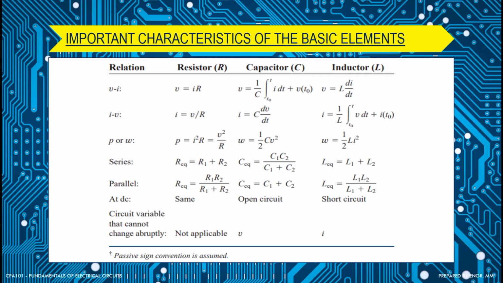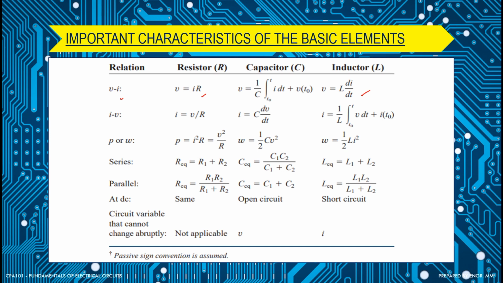We have here important characteristics of the basic elements summarized in this table. For the VI relationship, for the resistor, we have V is equal to IR. For the capacitor, V is equal to 1 over C integral of I dt plus V of t sub 0, with limits from t sub 0 to t. Then for the inductor, V is equal to L di/dt.